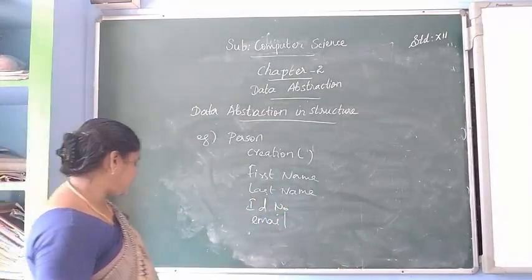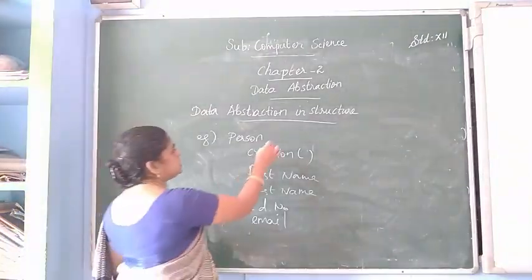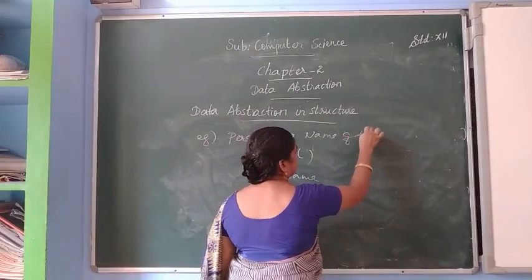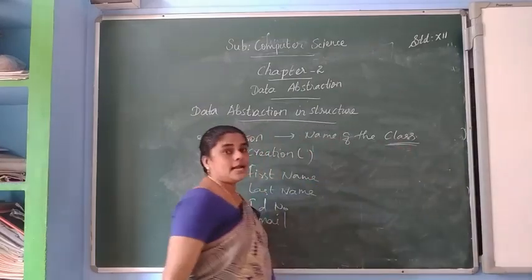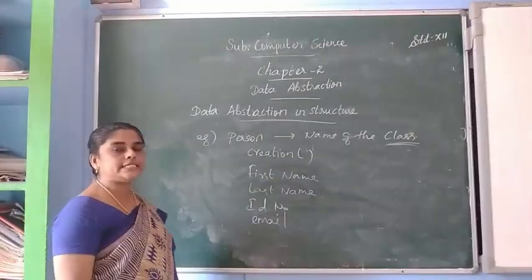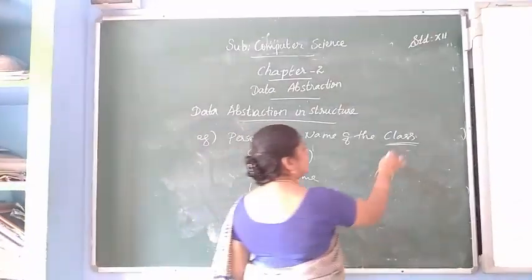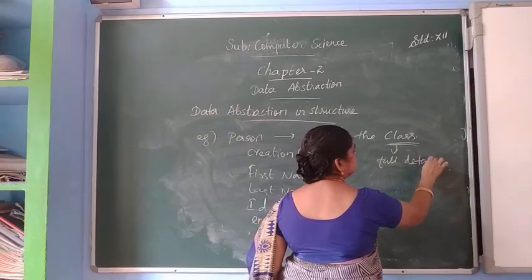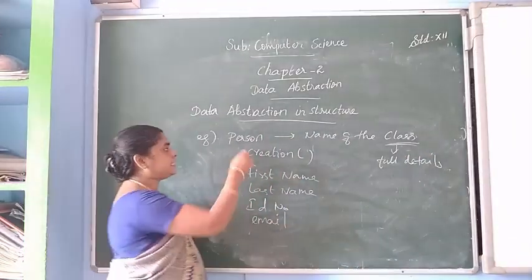See, person is the name of the class. Person means name of the class. Class means what? Class is a program. Each and every program is known as a class. It consists of the full details about the program, that is person.